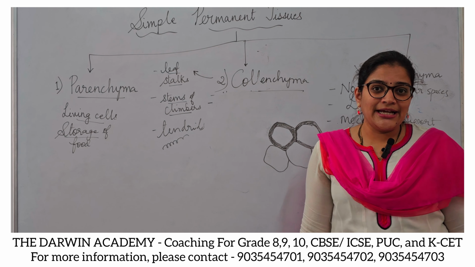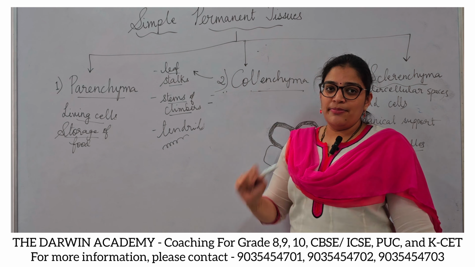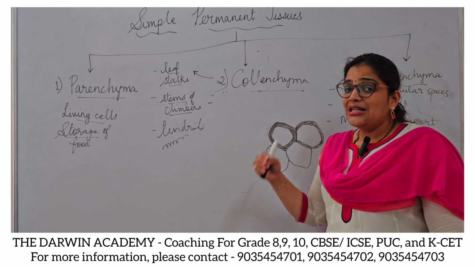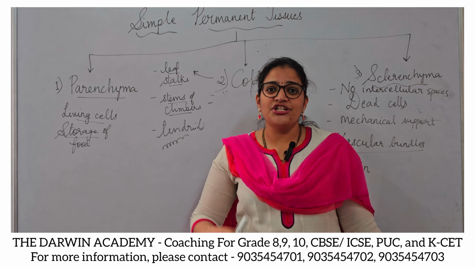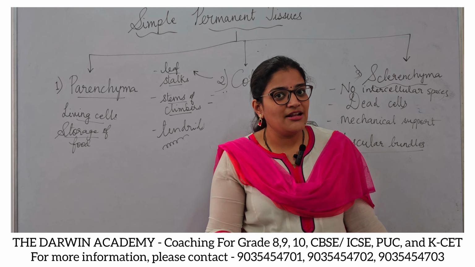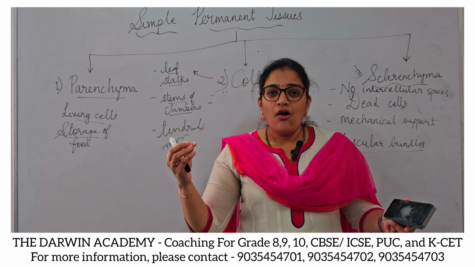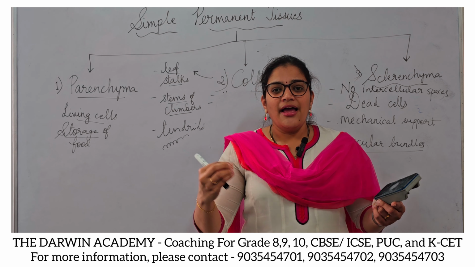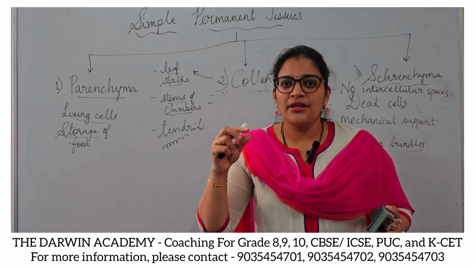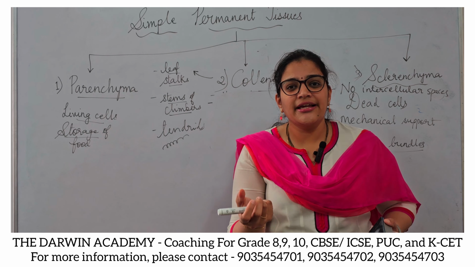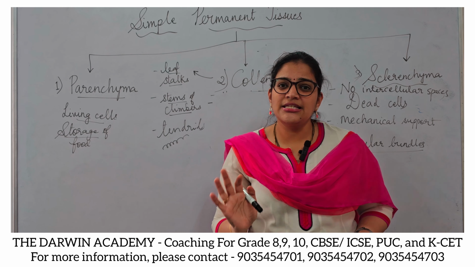Then, collenchyma is a type of simple permanent tissue where the cells are compactly arranged and there is no intercellular space between the cells. At every angle of the cell, the wall is thickened by deposition of a substance.